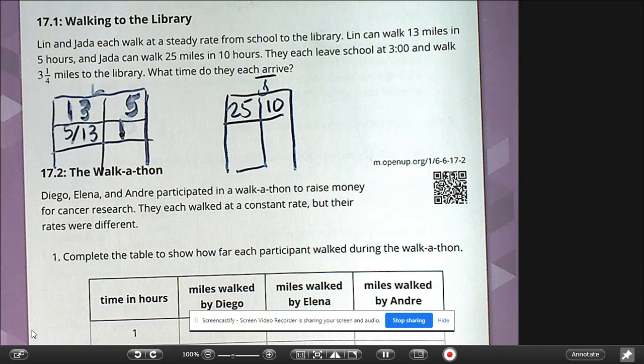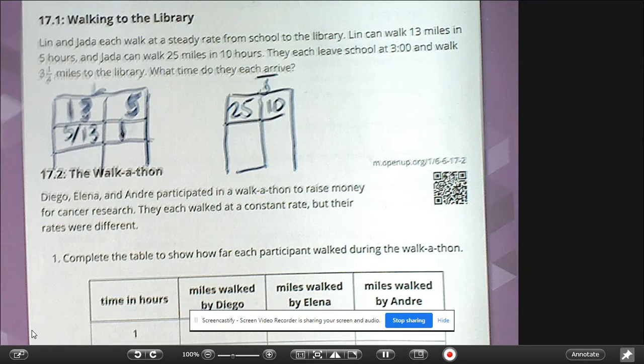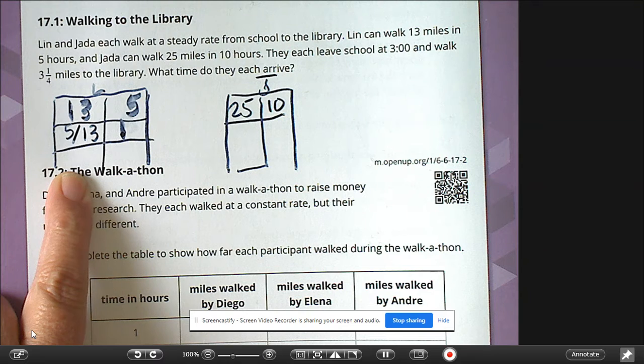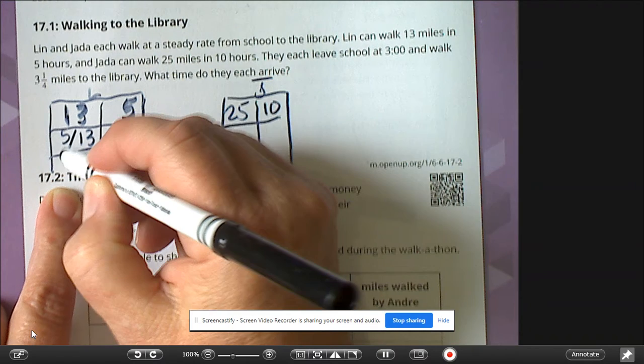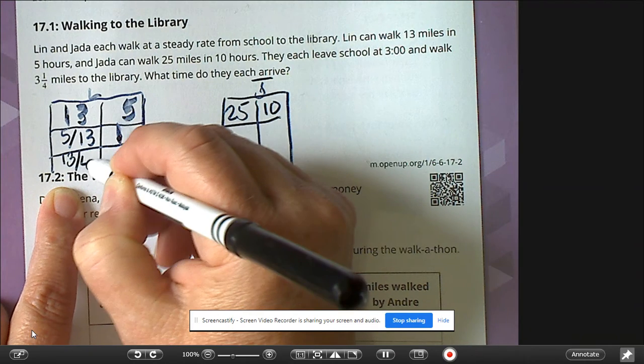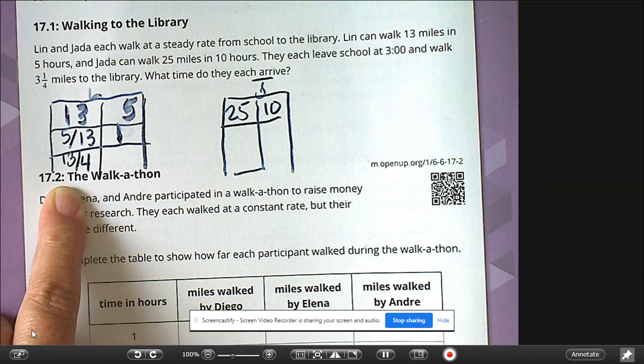And then you're going to multiply that by our total miles that we want to go, 3¼, which as an improper fraction would be 13/4. And you're going to multiply that by 5/13.